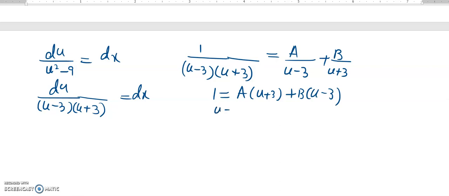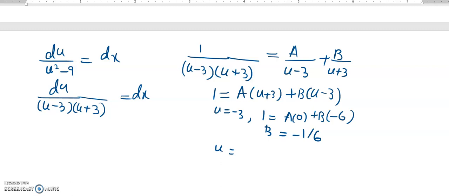So if I put u is equal to minus 3, then this will give me a into 0 plus b into minus 6. So the value of b will be minus 1 over 6. If I put u is equal to 3 over here, it will be 1 equal to a into 6, so a will be equal to 1 over 6.